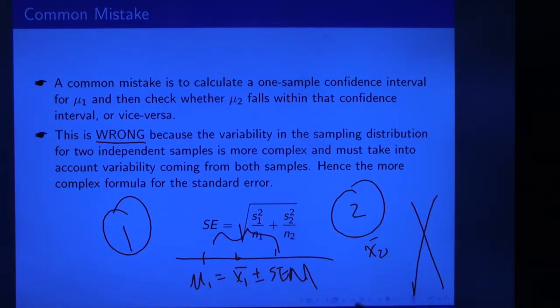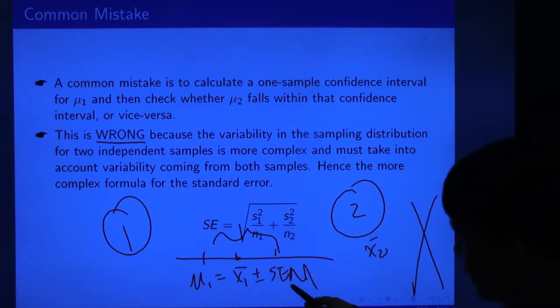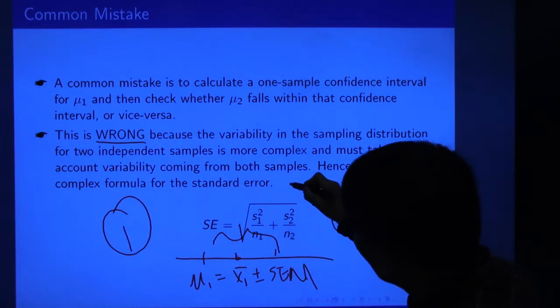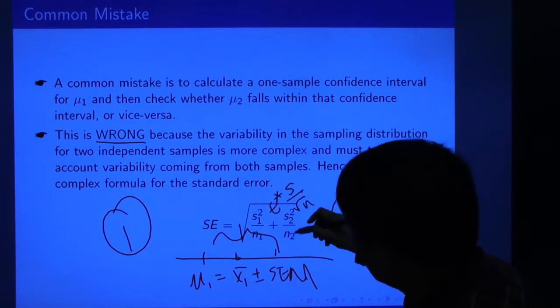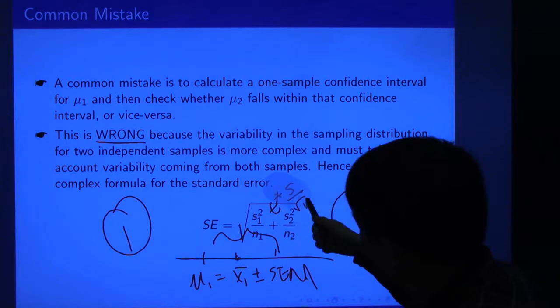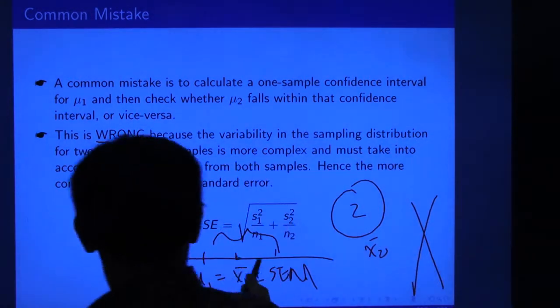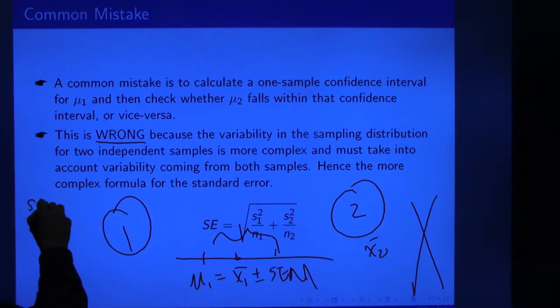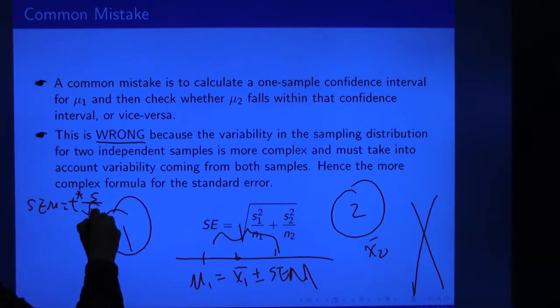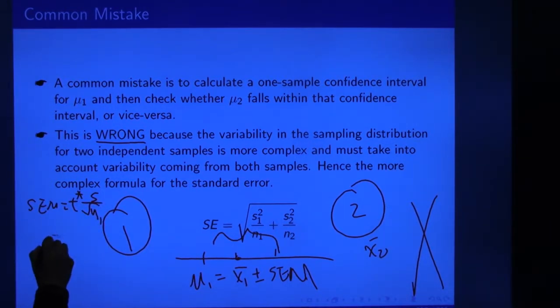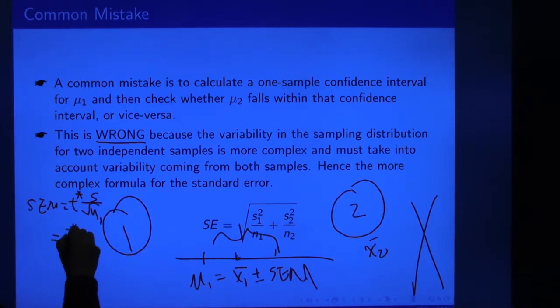We do not consider the variability of the second. Because when we calculate this, we use s over square root of n, then times t star. The SEM is equal to t star times s over square root of N1, or equals z star times sigma over square root of N1 here.